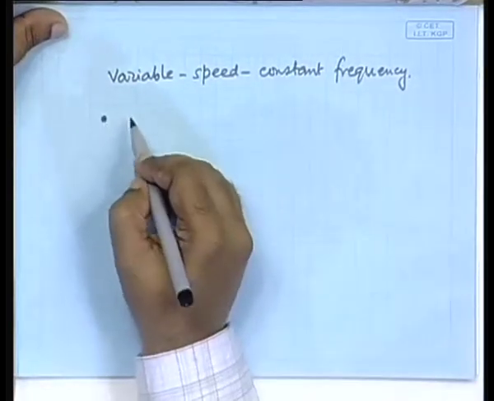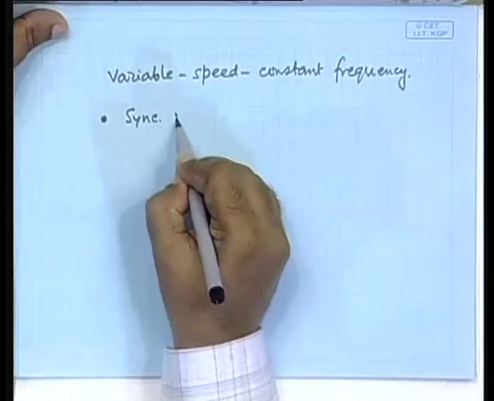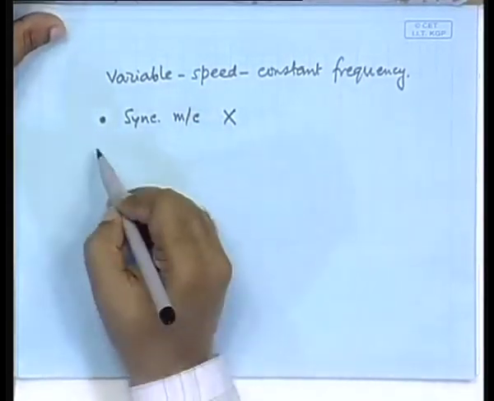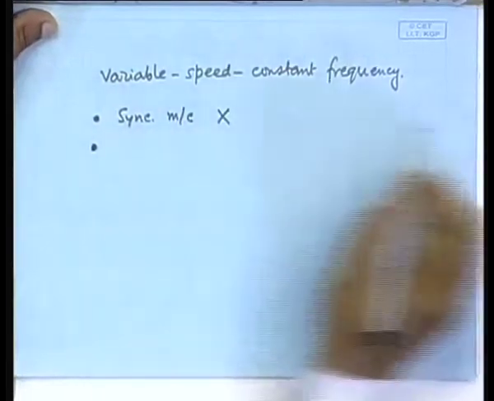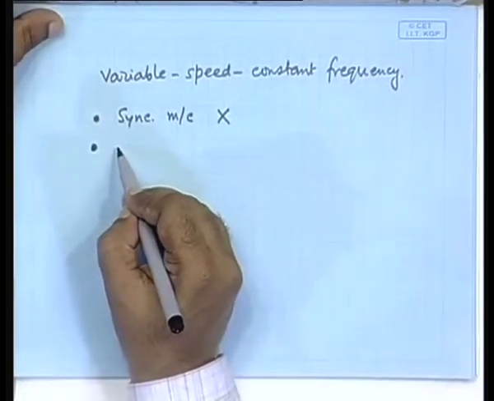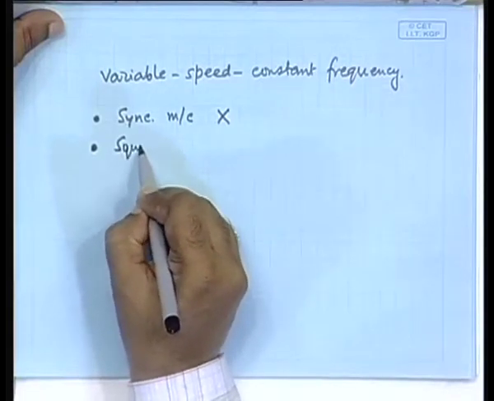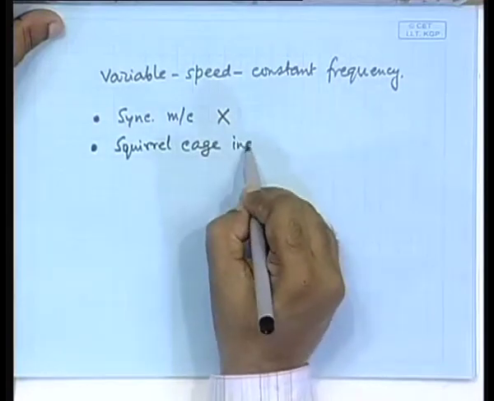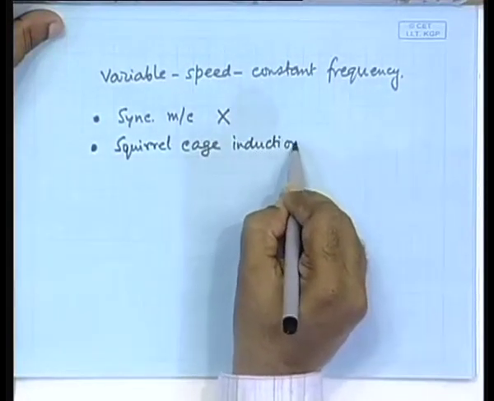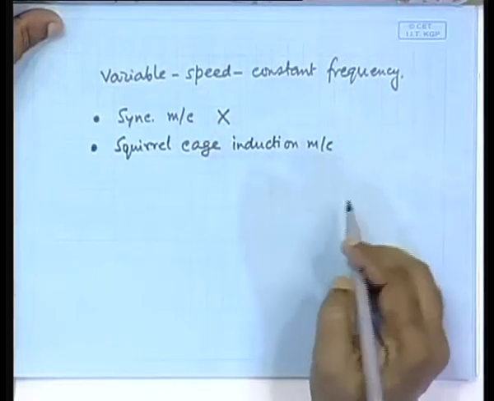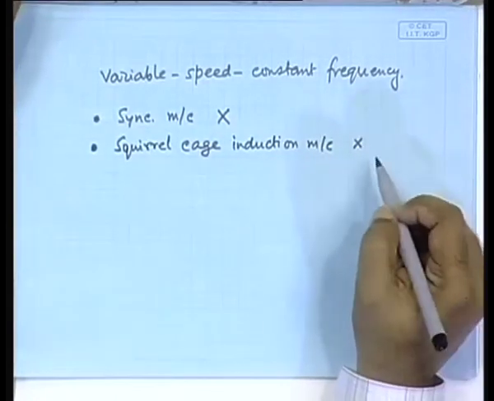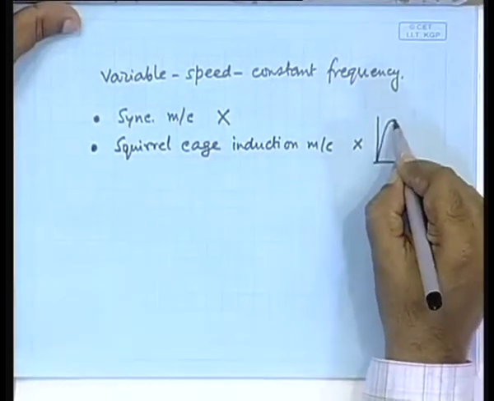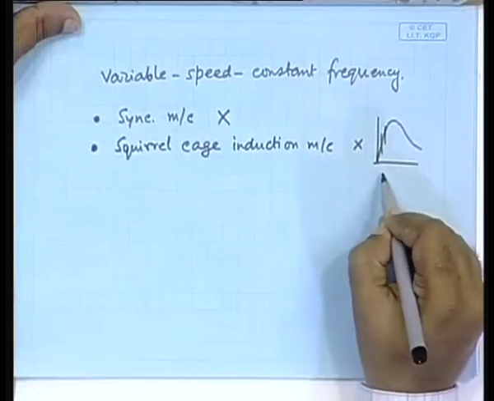Our options were: one, a squirrel cage induction machine, which is not a variable speed machine. This is also not in the true sense a variable speed machine, because the torque slip characteristic has a very narrow range available to you.